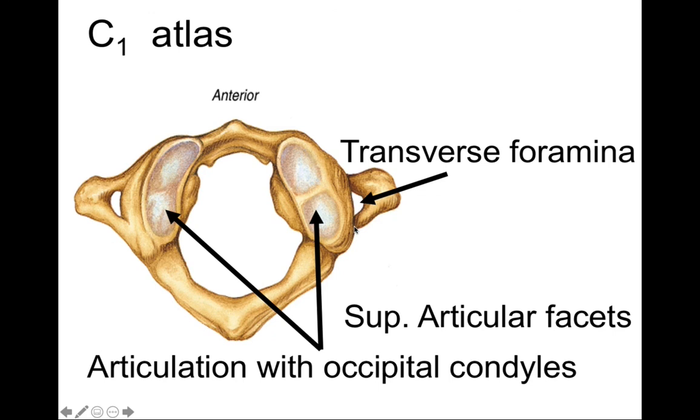But of course, every cervical vertebrae will have transverse foramen. So you will see these over here, which is a definite indicator that you're looking at a cervical vertebrae. So just to further elaborate, these superior articular facets are a bit larger than what we've seen on other vertebrae because these will articulate with the occipital condyles of the occipital bone.